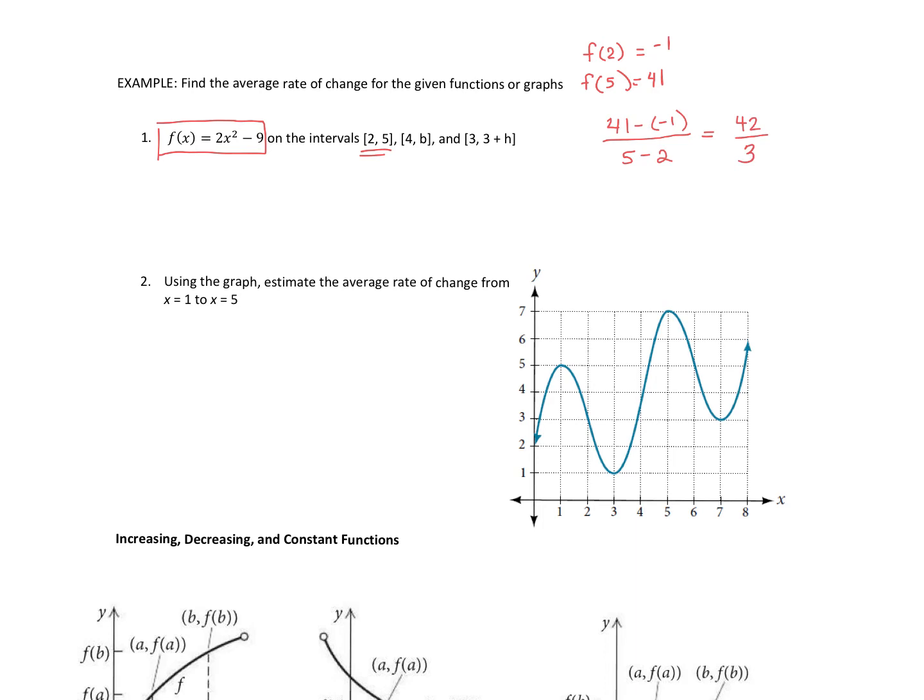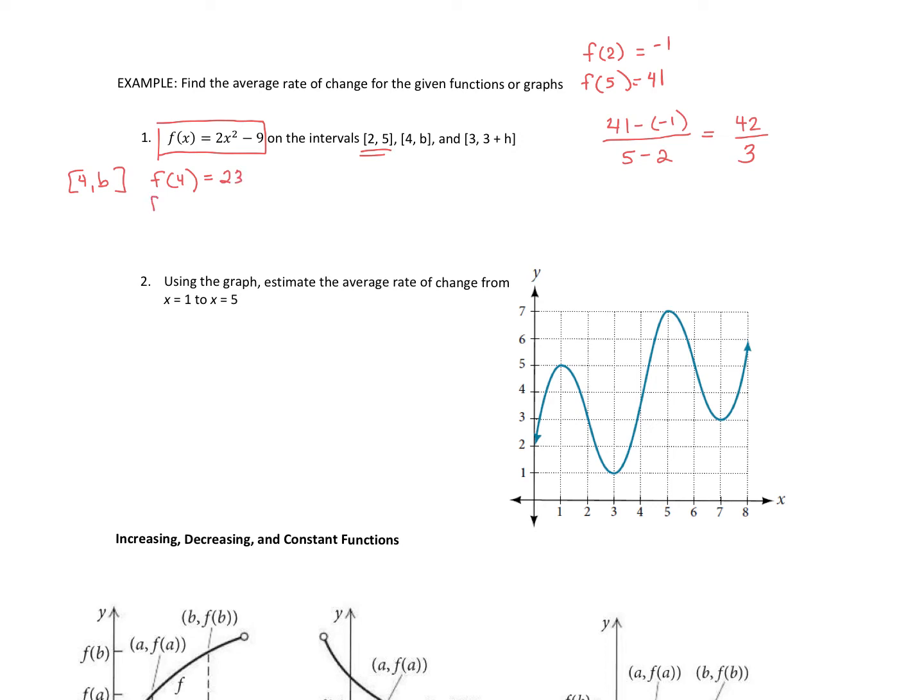We can do that again for the interval from 4 to b, but we would need the function value at 4. Plugging 4 in, I get 4 squared is 16, times 2 is 32, minus 9 is 23.